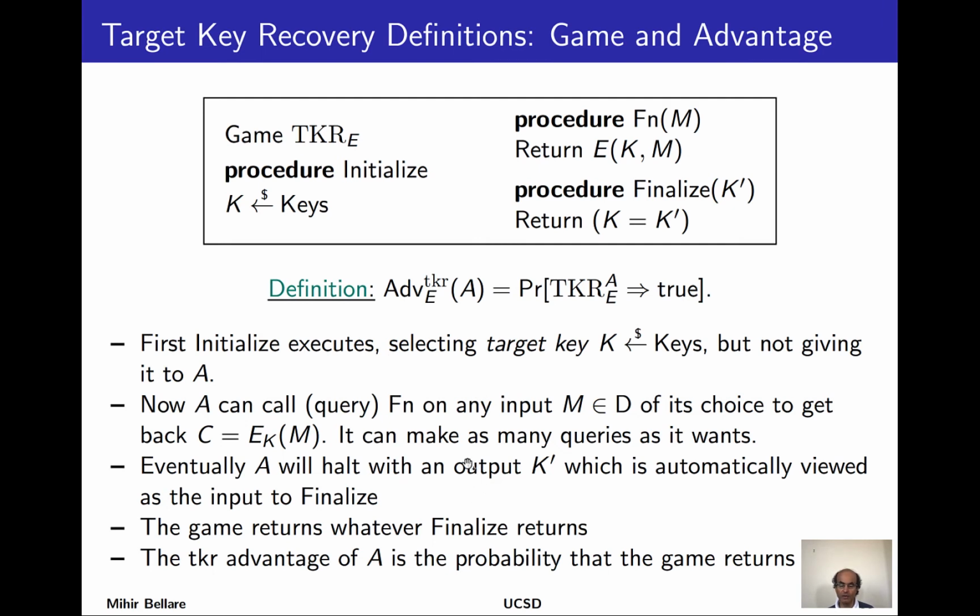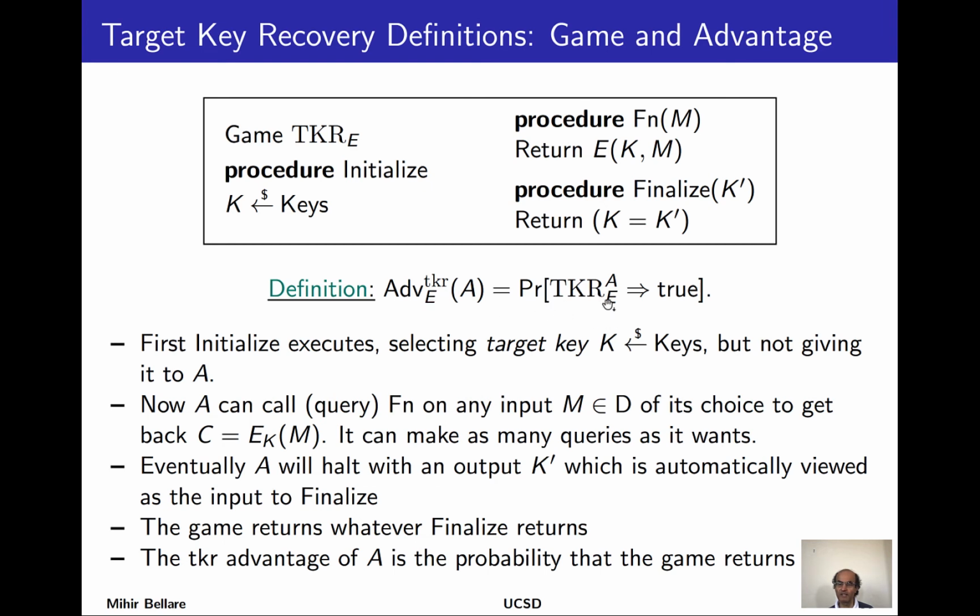Okay, so we know now the adversary is successful when the game returns true. However, there are probabilities involved. This key is chosen at random in particular, so whether the adversary succeeds or not becomes a random variable, and there's a certain probability the game will return true. We call that the adversary advantage. It's written like this.